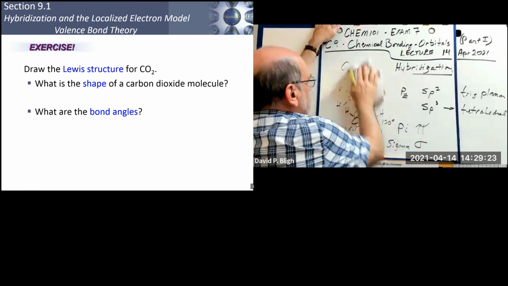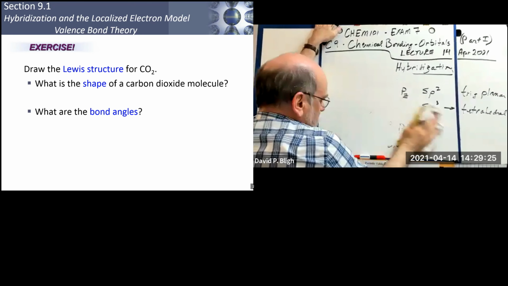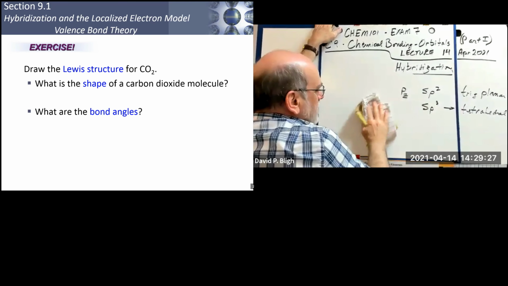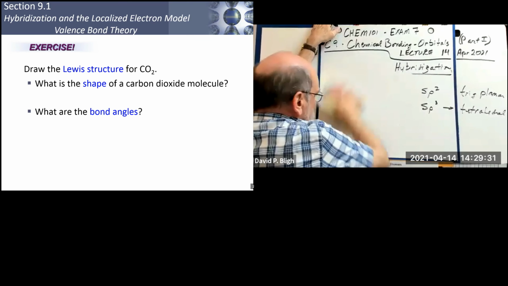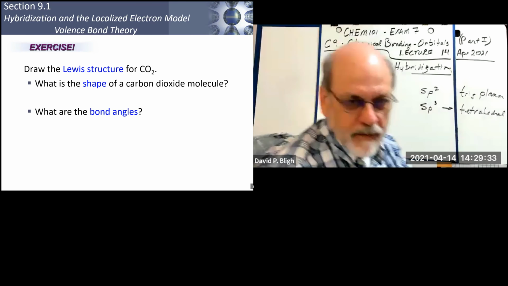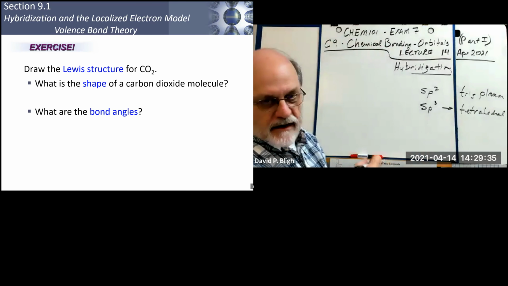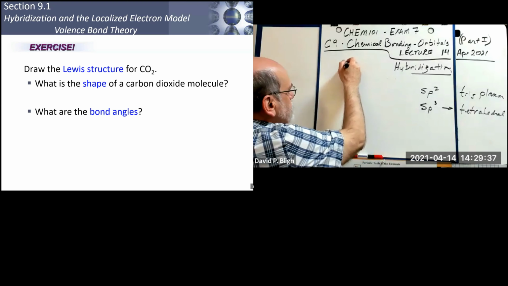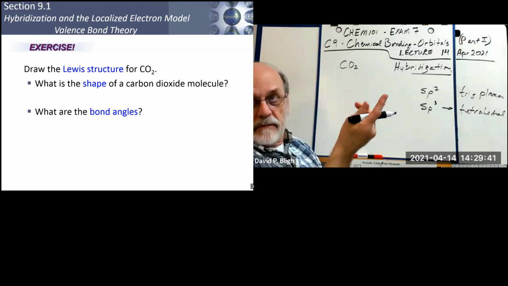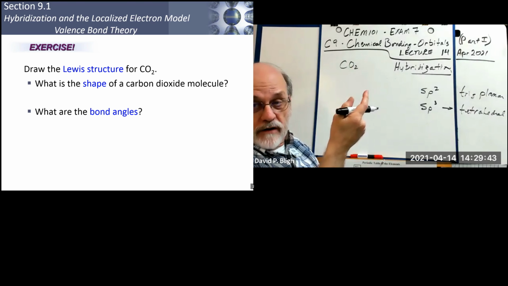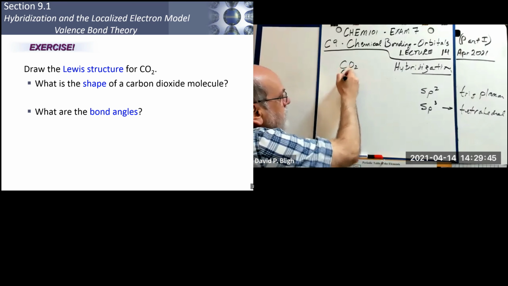So let's see if we can expand. I'm going to erase that one there. CO2. So let's do the CO2 dot structure. Right? Carbon has 6 valence electrons. Right?